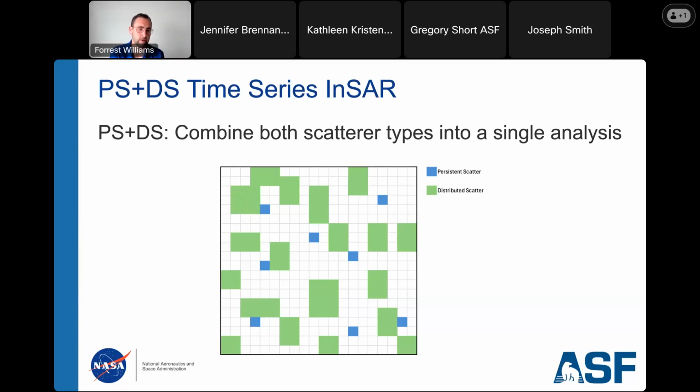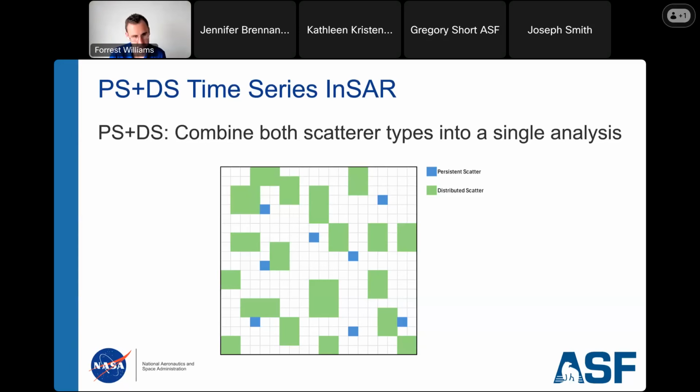But then for areas that don't have this characteristic of being a persistent scatterer, let's do some more averaging so that we can get some InSAR measurements in these locations as well. By pairing these two together, we can get the best of both worlds, where we're getting the highest resolution possible in areas where we have really high quality data, but we're not sacrificing a bunch of spatial coverage because we're only focusing on these very high quality locations.